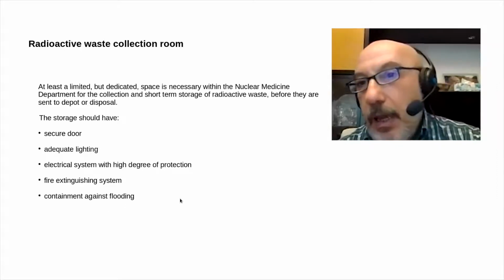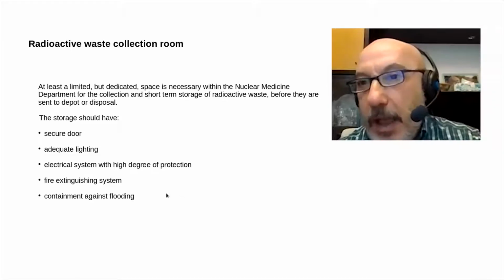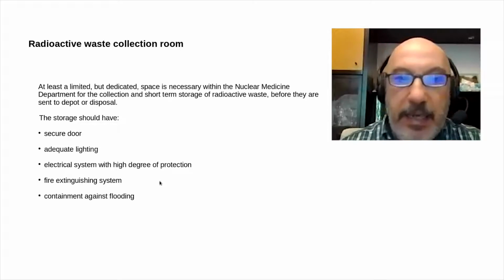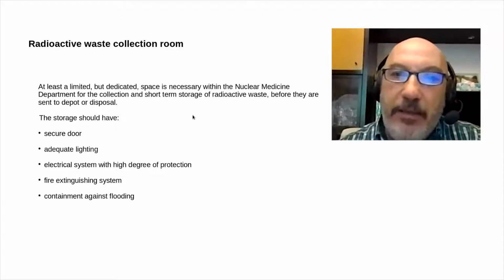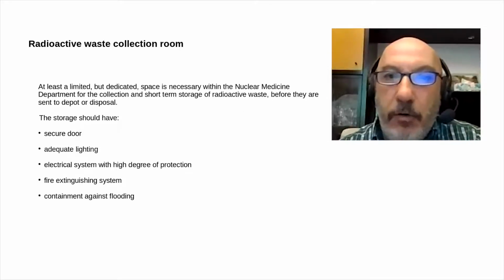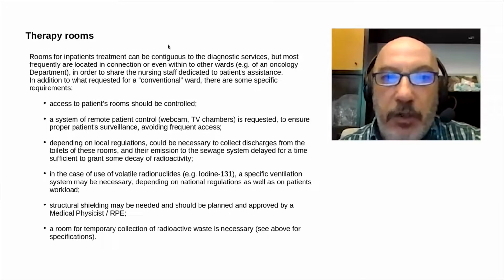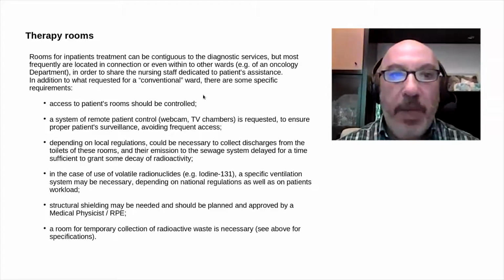Having water pipes inside a waste room is not recommended, but in that case, containment against flood should always be present in order to avoid any unintended spread of radiation in case of incidents.